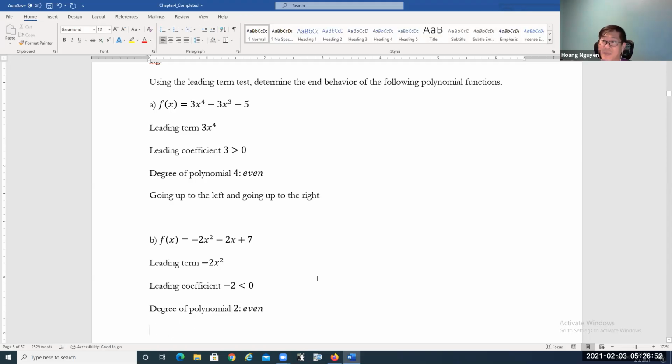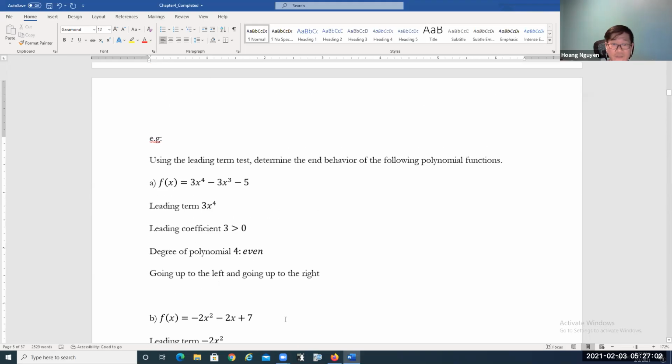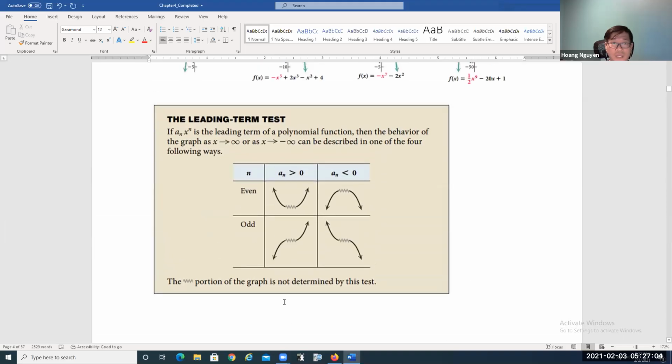So what's going to be the end behavior for this polynomial function? We have the leading coefficient negative 2, and the degree of the polynomial is 2, which is even. Let's take a look at the table we had earlier. We have n is even because the degree is 2, and we have the leading coefficient negative 2, which is less than 0.